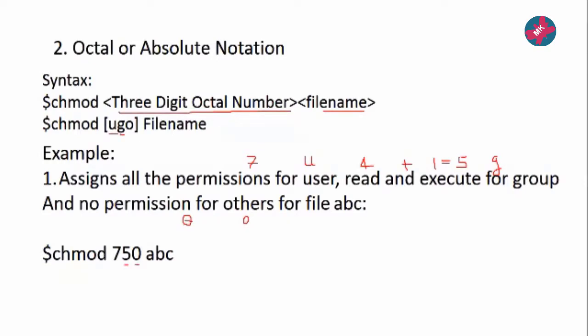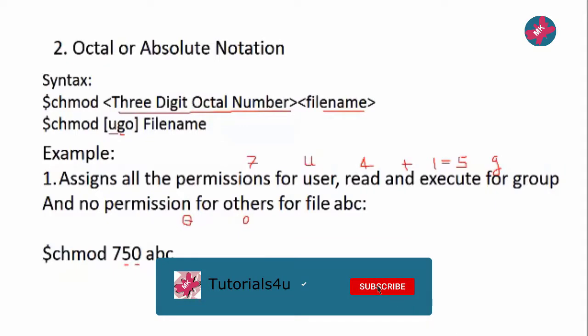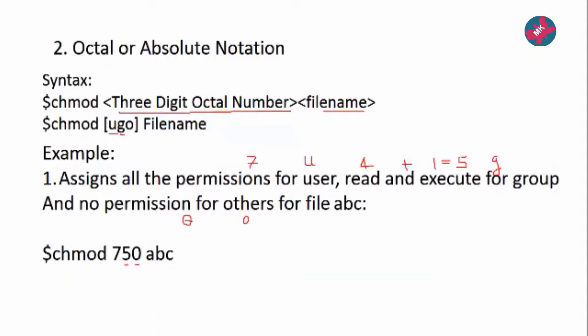So in this way we can write or set the instruction for the particular file ABC in the octal notation. In symbolic or alphabetical notation, you are going to use the UGO notation. But here in octal, you will be putting the numbers. Now these are the two ways how you can change or set the permissions.